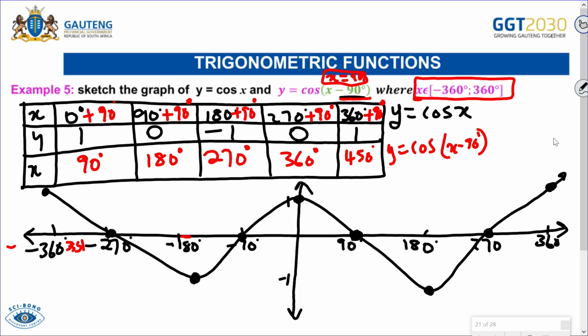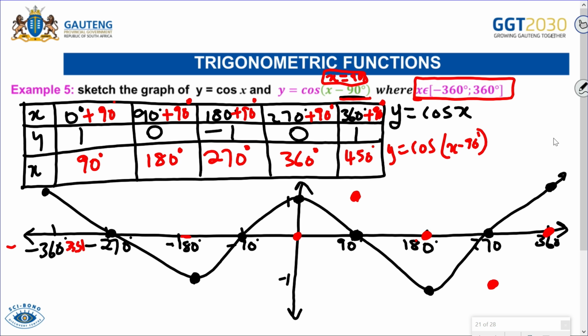Okay, let me sketch on the other side. So at 90 degrees, I have 1. And then at 180, I have 0. And then at 270, I have negative 1. And then at 360, I will have 0. Okay, so this one, I'll have a point here.